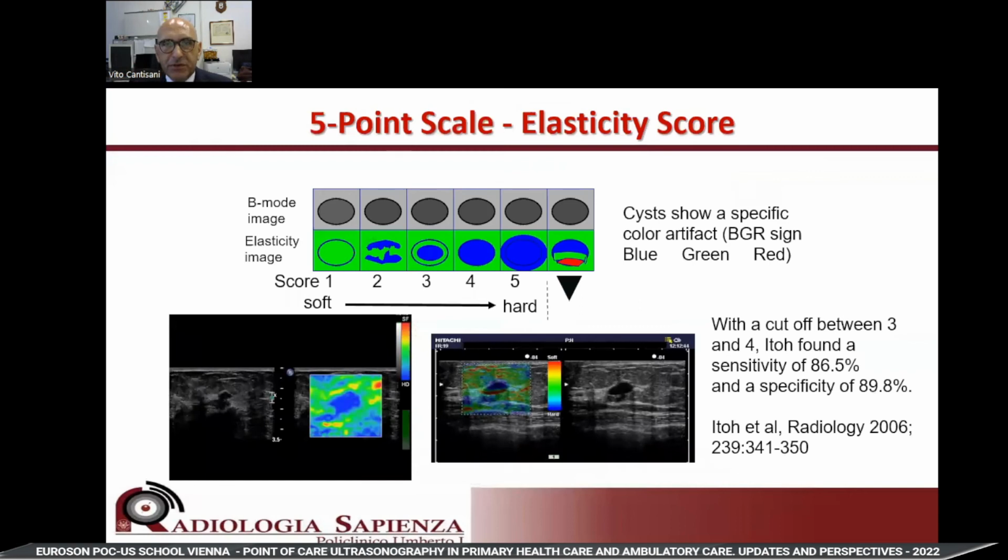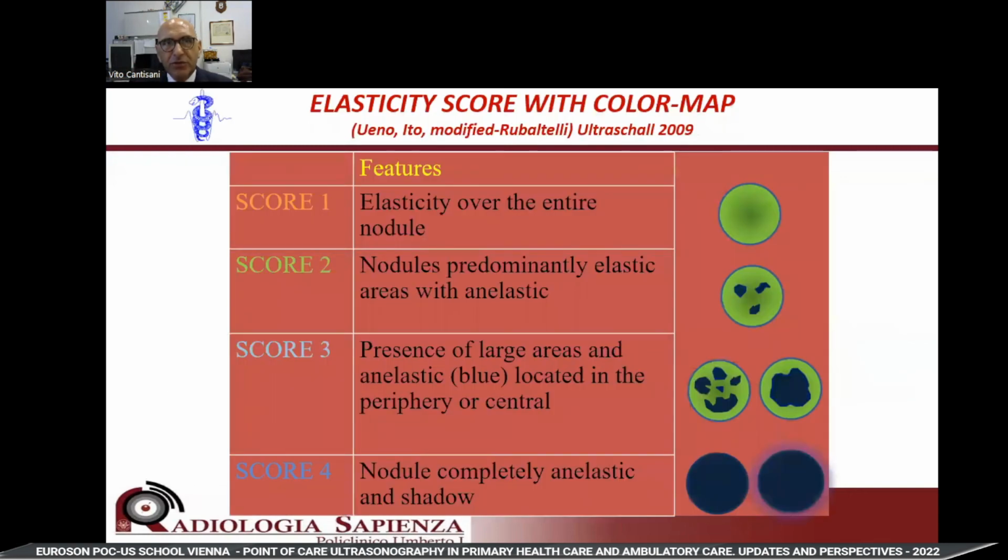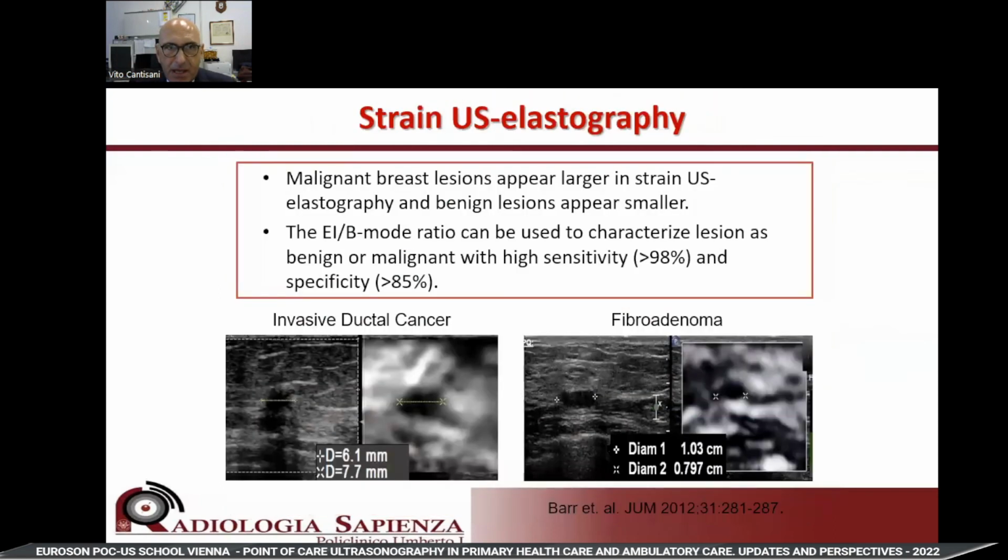Another possible point scale, from 5 to 4, is modified from Lubartelli for thyroid. Other important signs for breast, but also for thyroid.